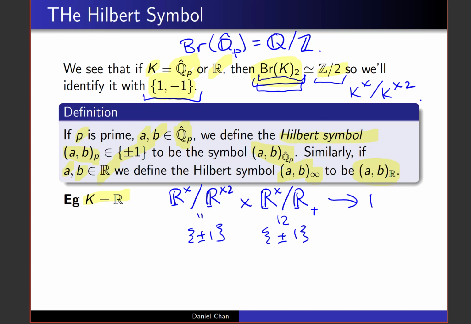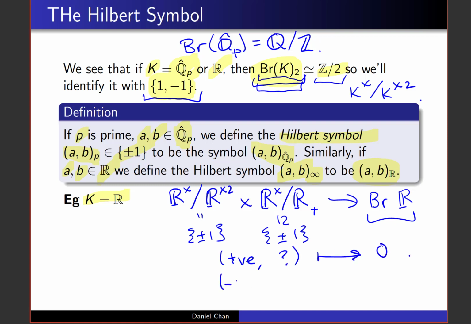And this is mapping over to the Brauer group of R. I don't need to do the 2-torsion because this is already 2-torsion. This is a bilinear map, so if you put the trivial element inside here, you'll get 0, the trivial element. So if you have positive and anything you like, this gets sent to 0.